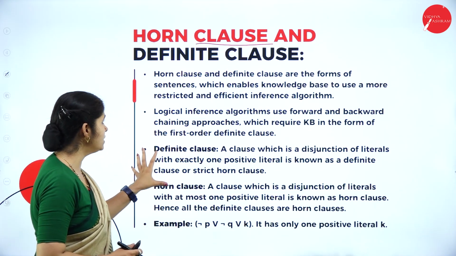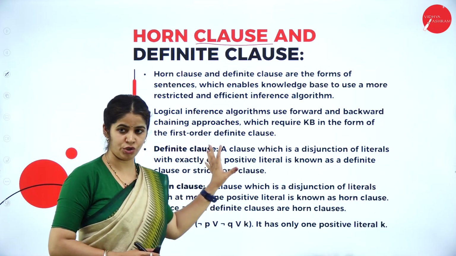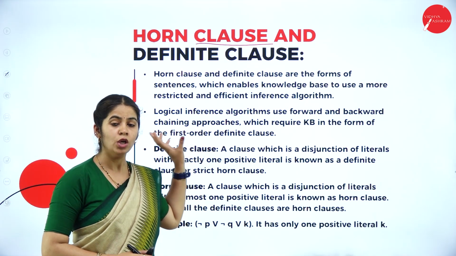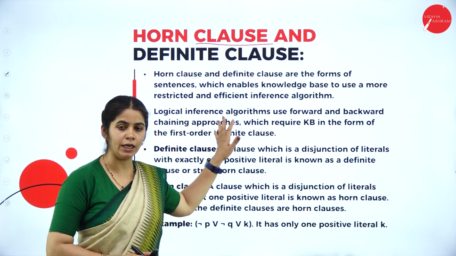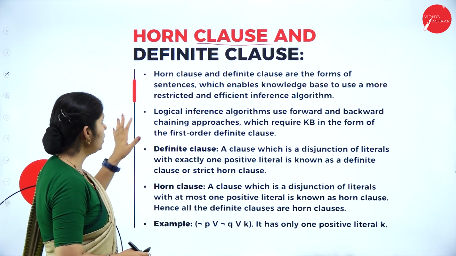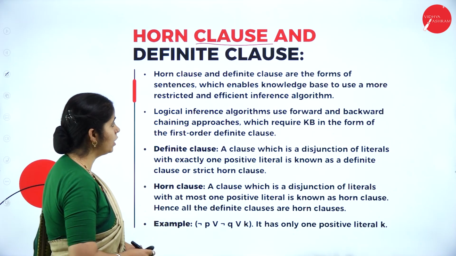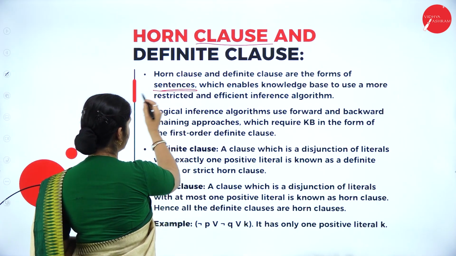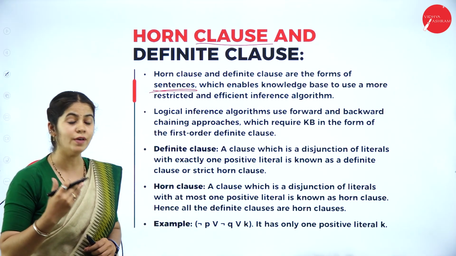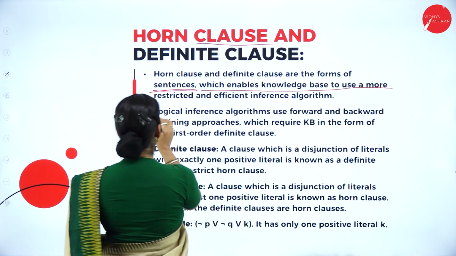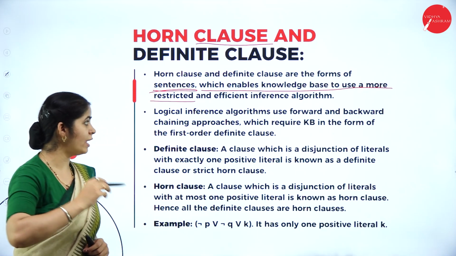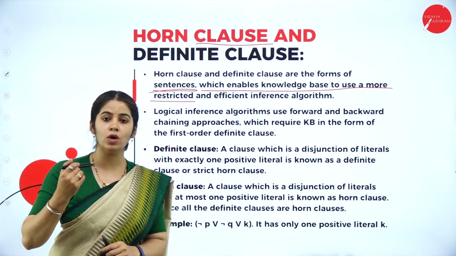A clause is an expression used to form a sentence or statement. Horn clauses and definite clauses are forms of sentences which enable the knowledge base to use a more restricted and efficient inference algorithm.